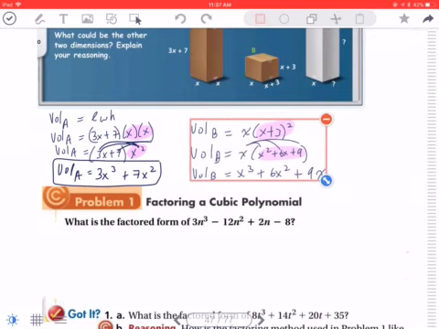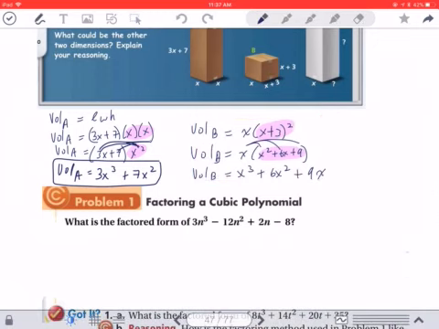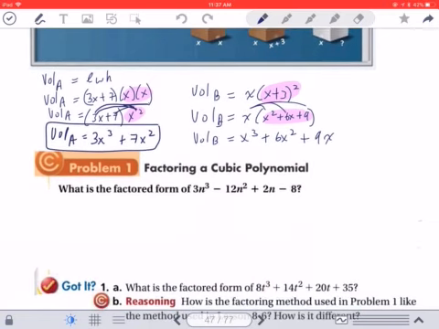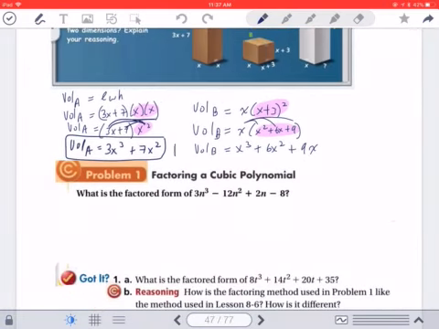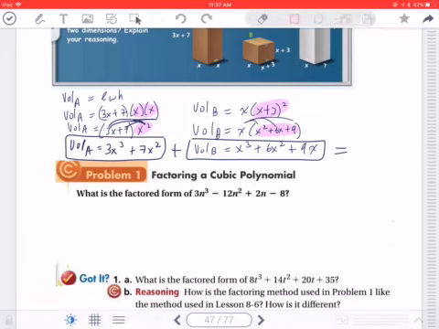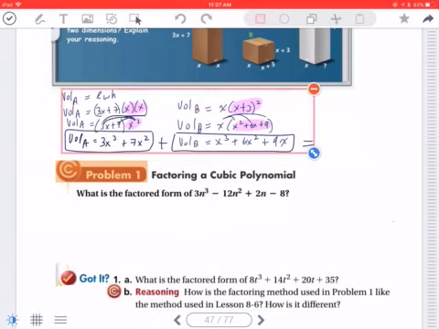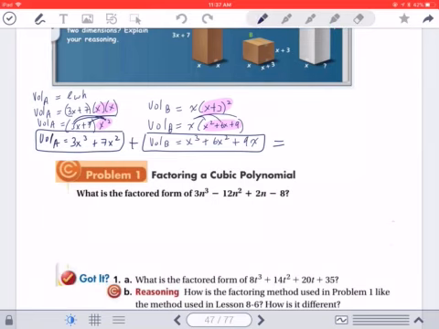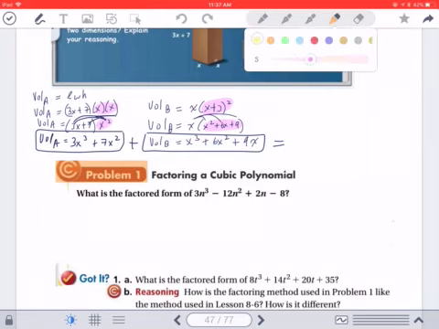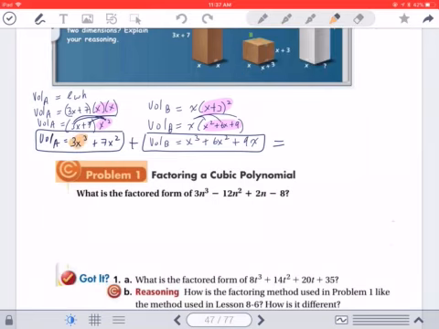Okay, so if I combine these, there's a lot of chapter 8 in this problem. A plus B is going to equal, I'll shrink it down even more and move it over. It's going to be 3x cubed plus x cubed, which gives me 4x cubed.